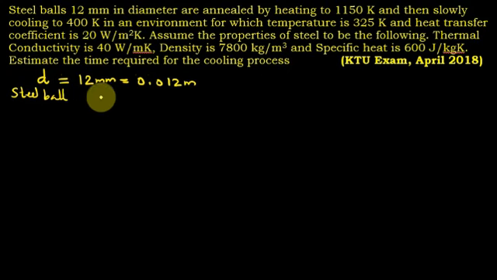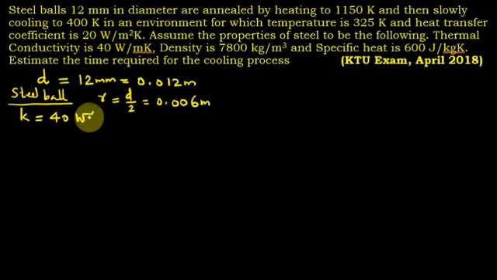So radius is required actually, because we will convert that. Radius is diameter by 2, so that is 6 mm, 0.006 meter. And then steel ball thermal conductivity k is equal to 40 watt per meter Kelvin.